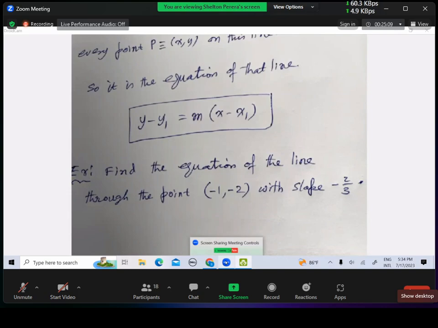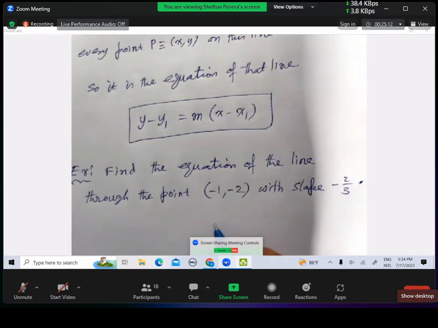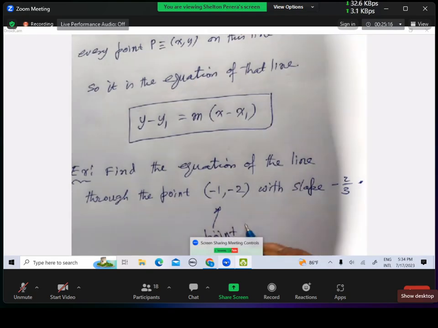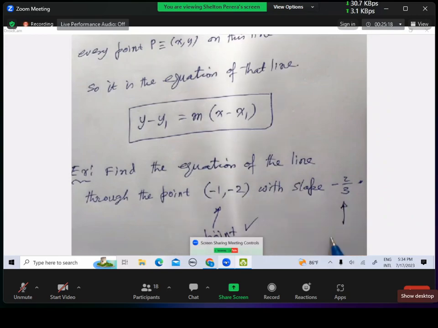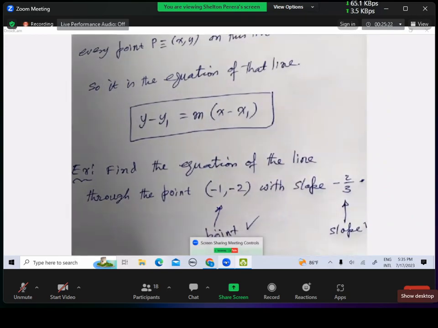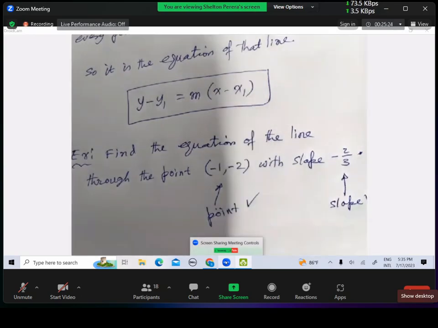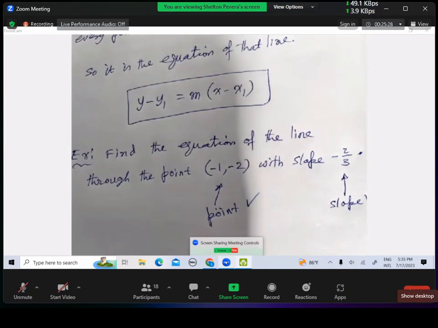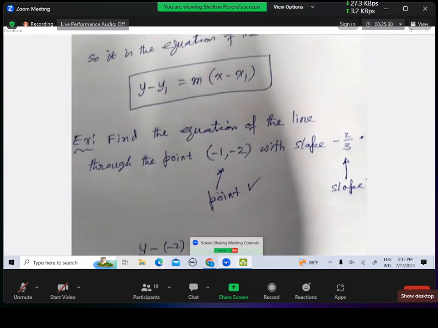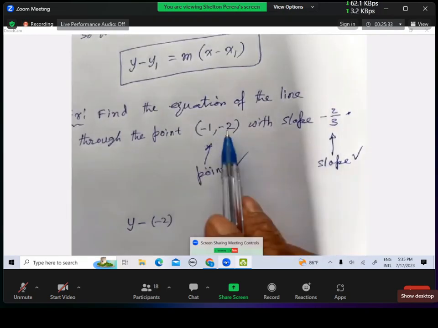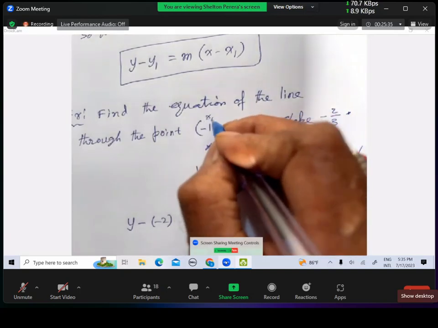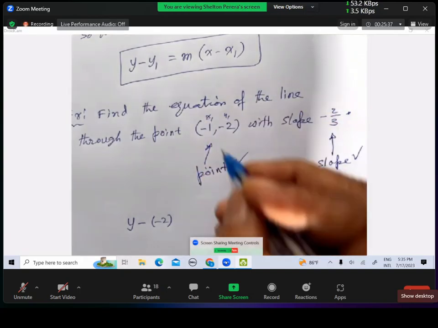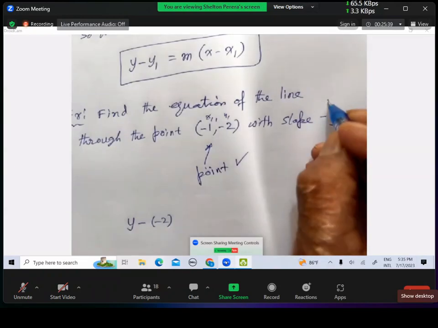How do you do this? Use the point slope form. The point is known, and you know the slope. So point slope form can be used. y minus y1, y1 is -2. So this is like x1, y1, and this is like m.